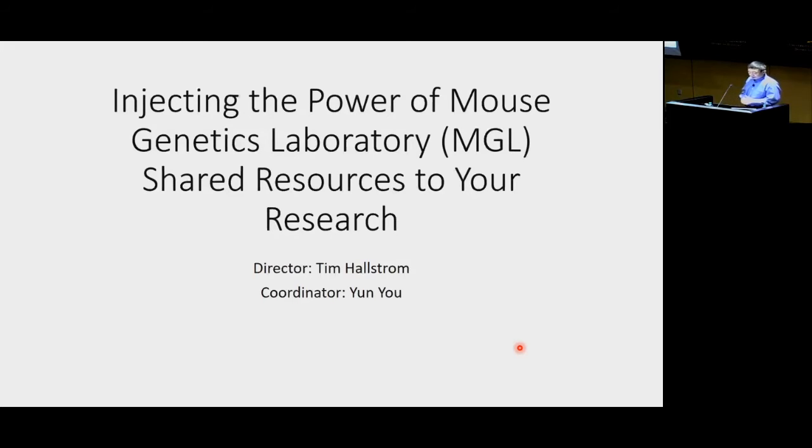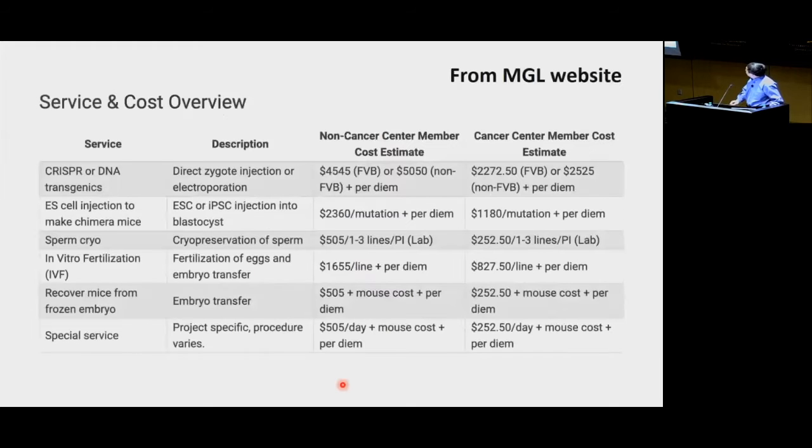So my name is Yang Yu, and I'm the coordinator of the Mouse Genetic Lab. Today I will be introducing some of the services we provide to the research community here. This is a screenshot from one of the websites, the services we provide. In this column, you see the services.